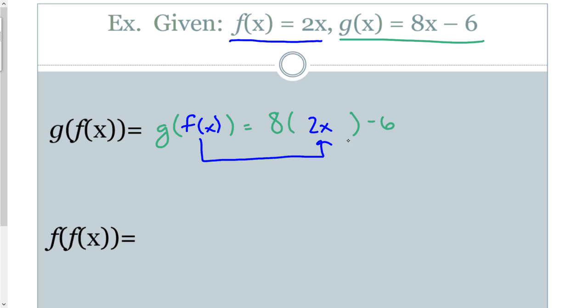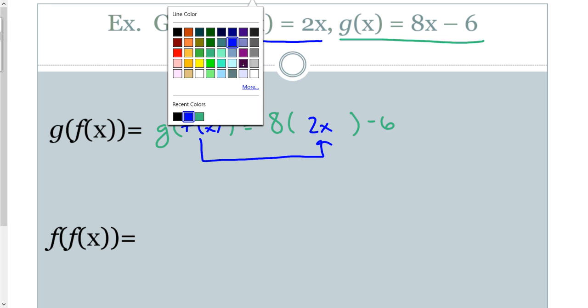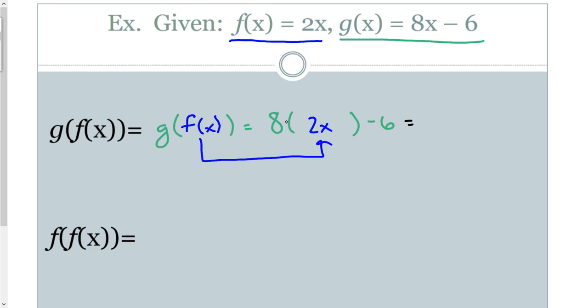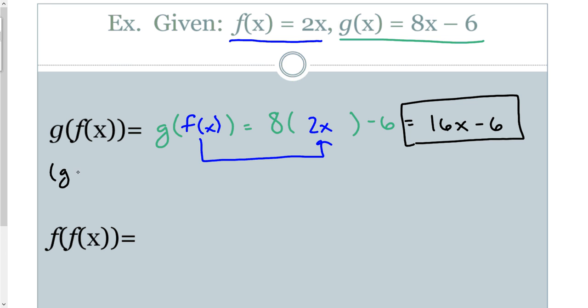It's just 2x. So if I do my arithmetic, I have 8 times 2x, which is 16x, and then minus 6, and that's it. So that is what g of f of x is.